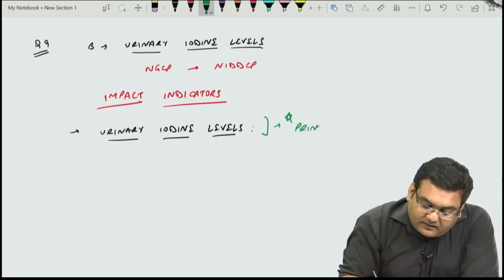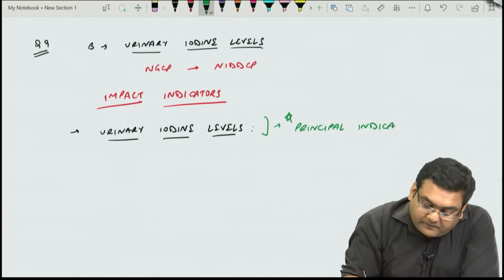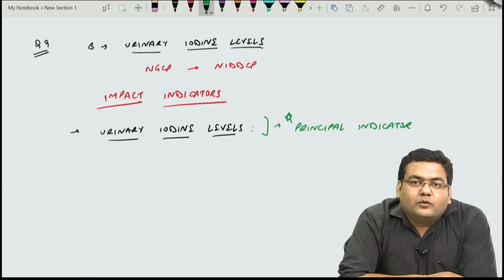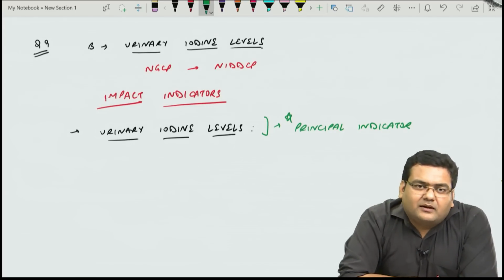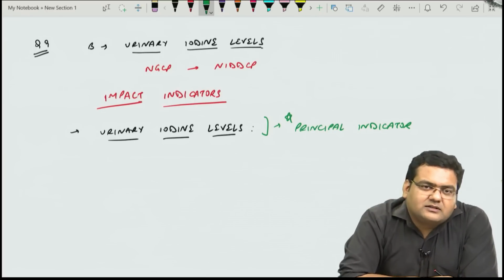It is the principal indicator. Most important indicator to assess the efficiency of the program as to whether the iodine levels in urine have increased or not among the beneficiary children.